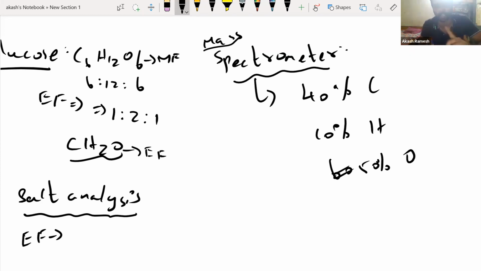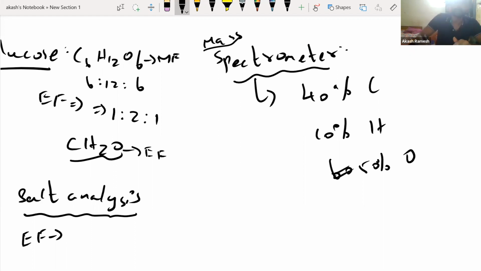This data it will give: the percentage composition of all the elements present. First thing is knowing what elements are present. After knowing that, you give it to the mass spectrometer. What this mass spectrometer does is give you the percentage of each and every element present.